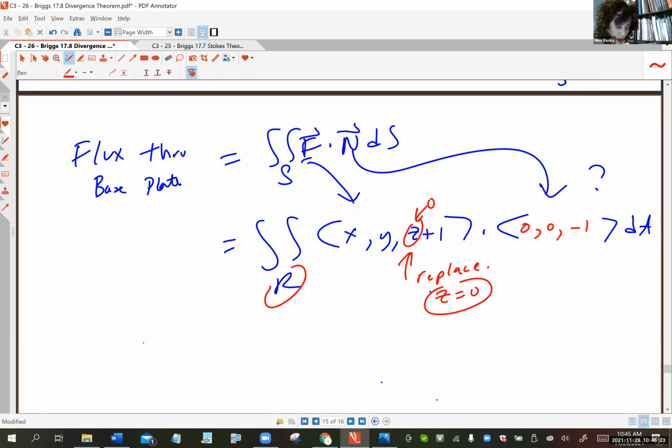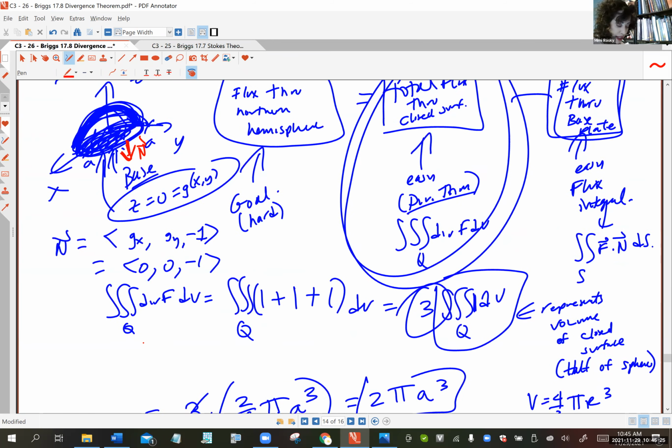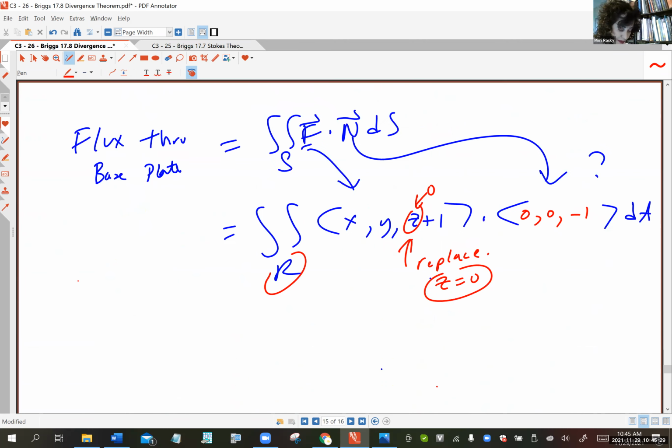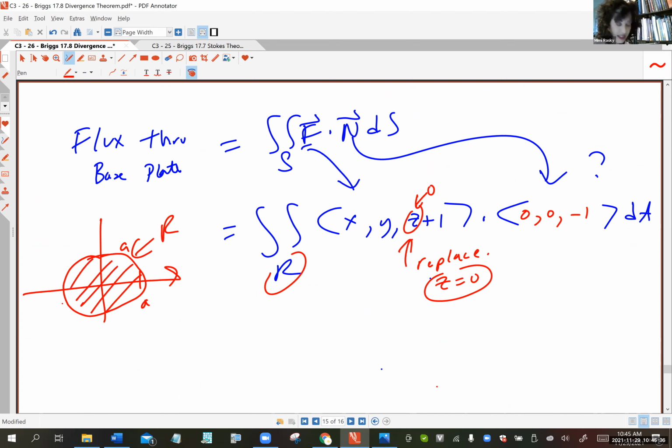And then what's your region R? If you look at the trace that this solid makes in the xy plane, your R is going to look like a circle centered at the origin of radius a. So let's worry about that in a moment. Let's first do the dot product.